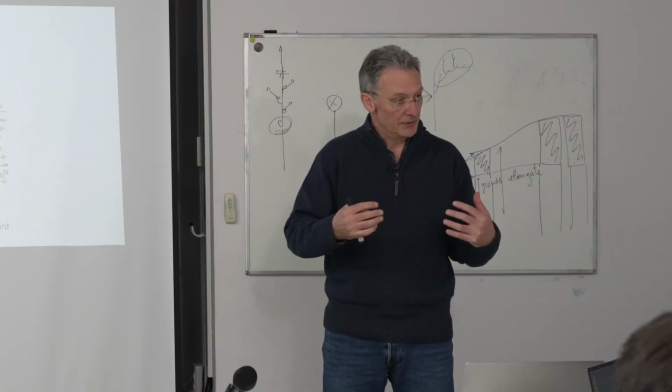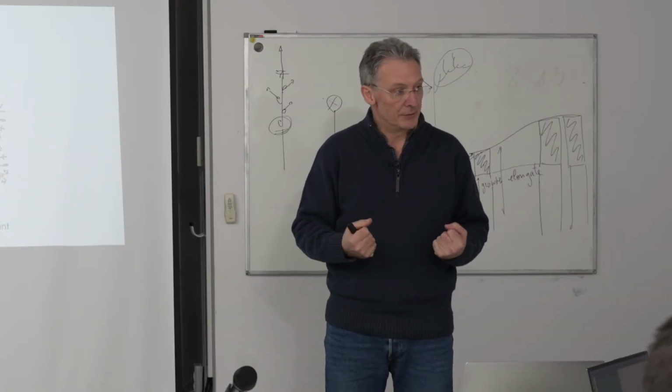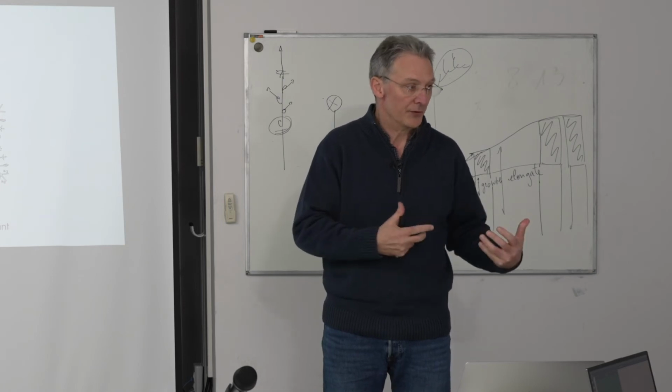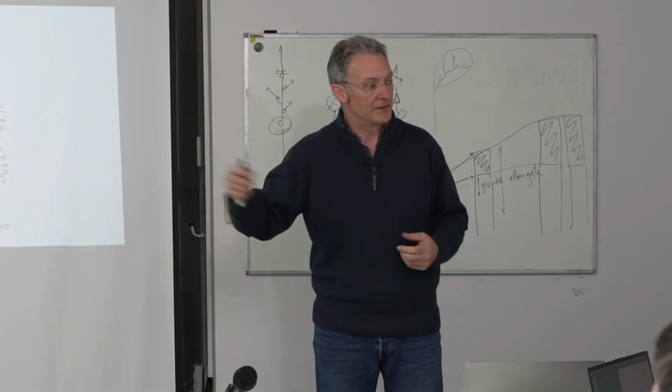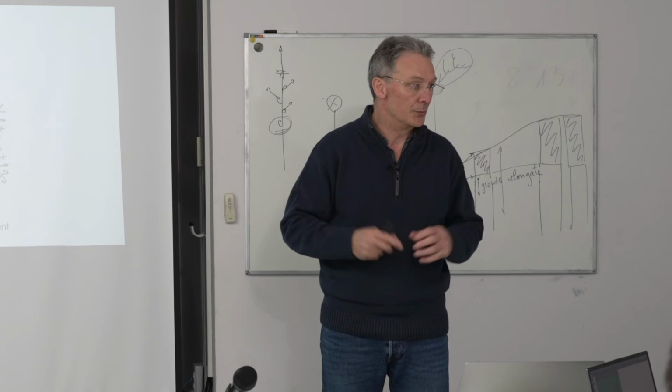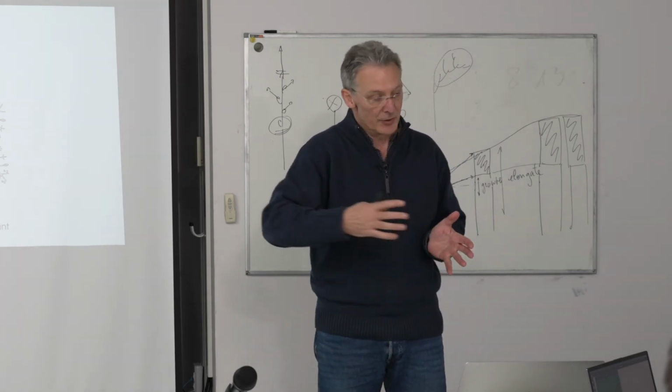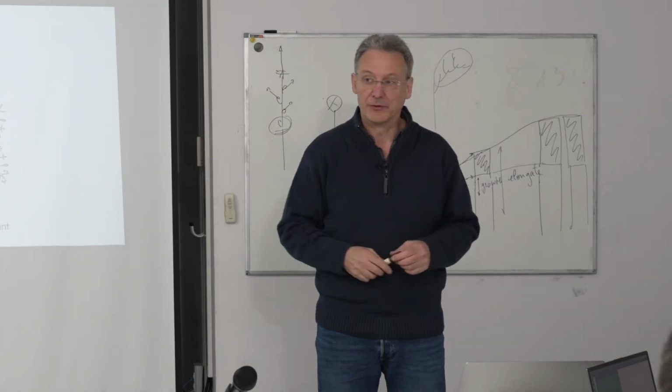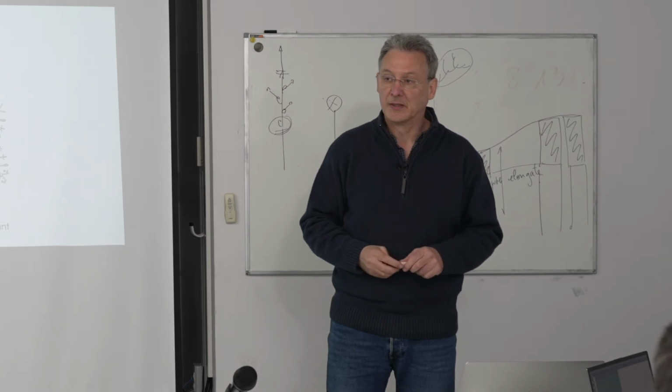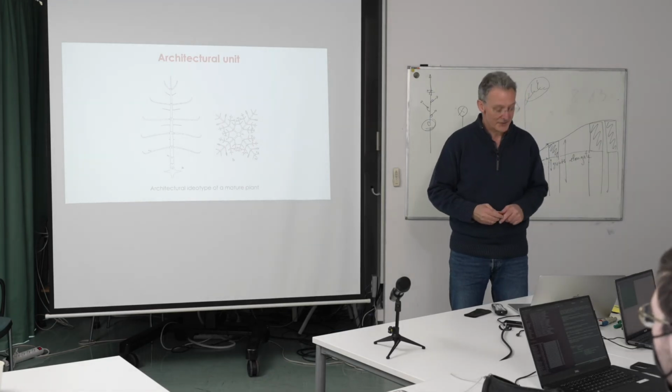So in order to prevent this, you need to prune out some fruits the first year so that it remains a bit of energy for the plant to produce fruits the year after, and then to have more continuous production over the years. Okay?